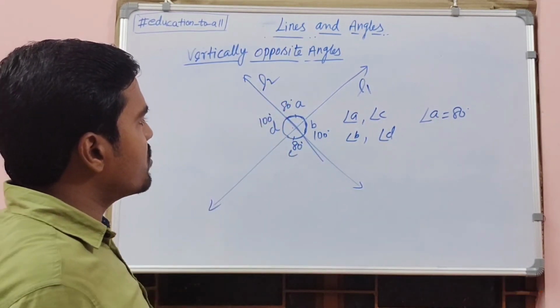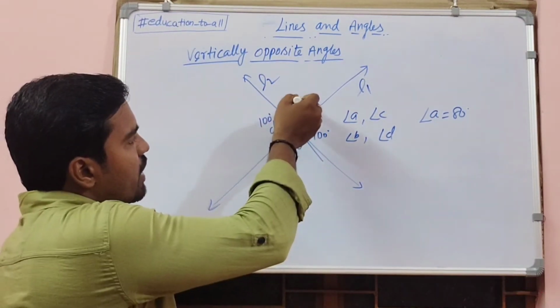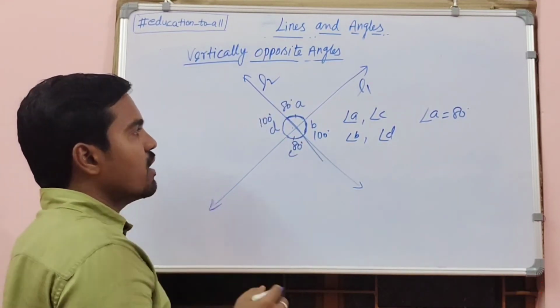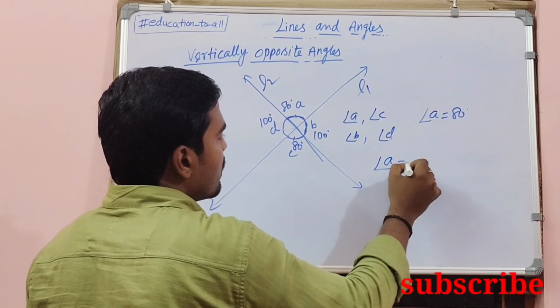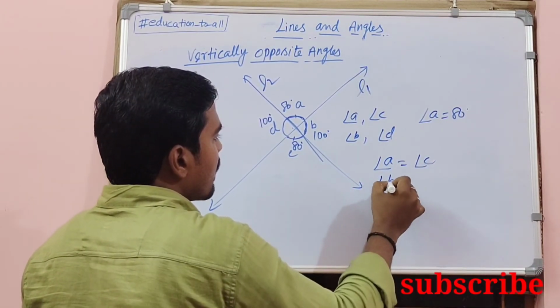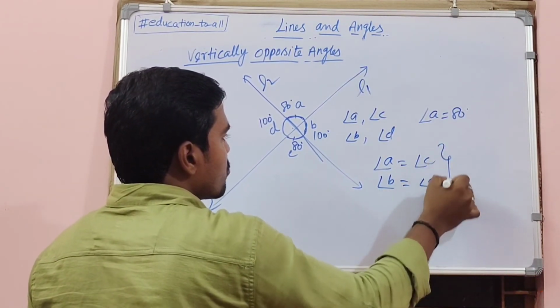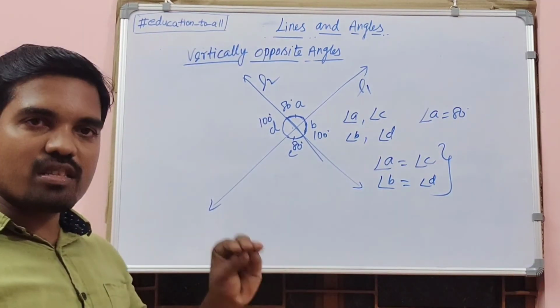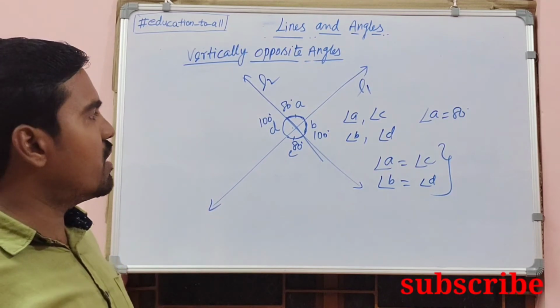Now what we have observed in this figure is angle A equals angle C, and angle B equals angle D. This gives us the result: vertically opposite angles are equal when two lines are intersecting.